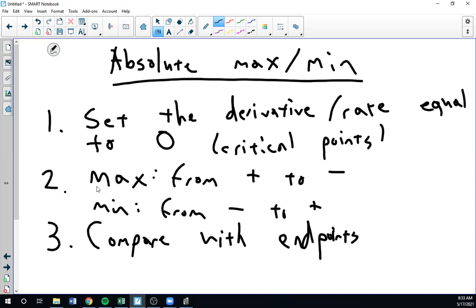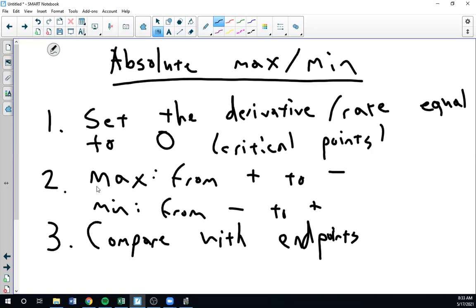If you're asked for the absolute max or min, you need to make sure that your endpoints are not where the highest or lowest value are. All right?